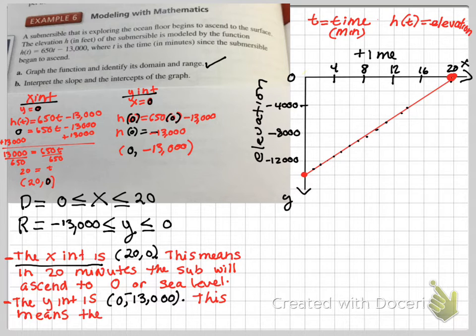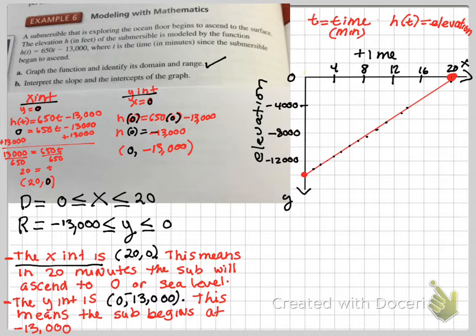The submarine, or the submersible, begins, instead of saying 0 minutes, at, that implies the 0 minutes is the beginning, at 13,000 feet.